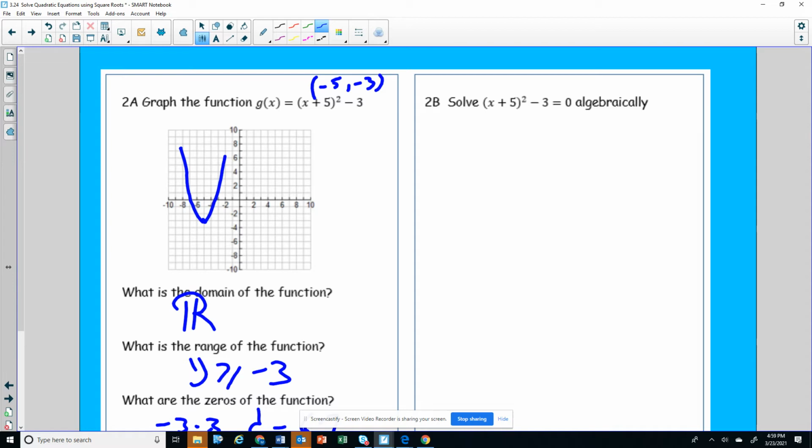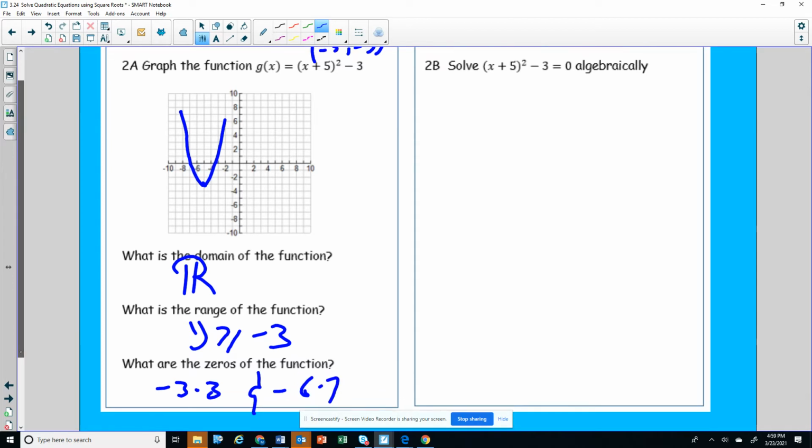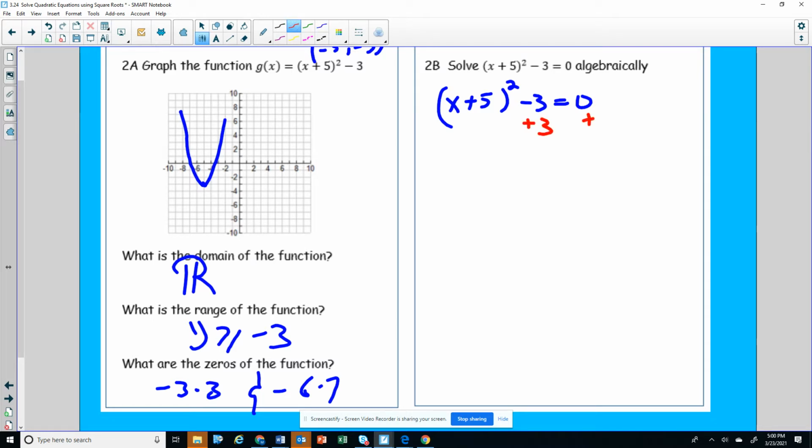So let's solve this algebraically now. Here we go. All right. So we have (x plus 5) squared minus 3, and that is equal to 0. So again, the first thing you want to do is isolate the square. Therefore, I'm going to add a 3 here and a 3 there.